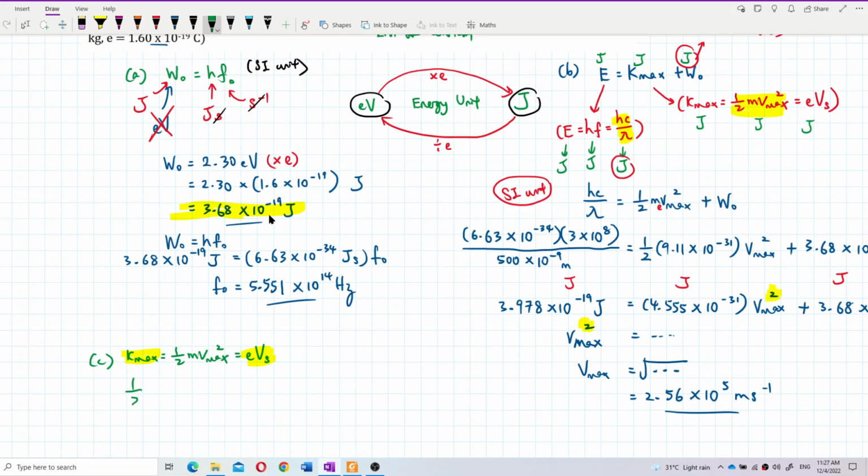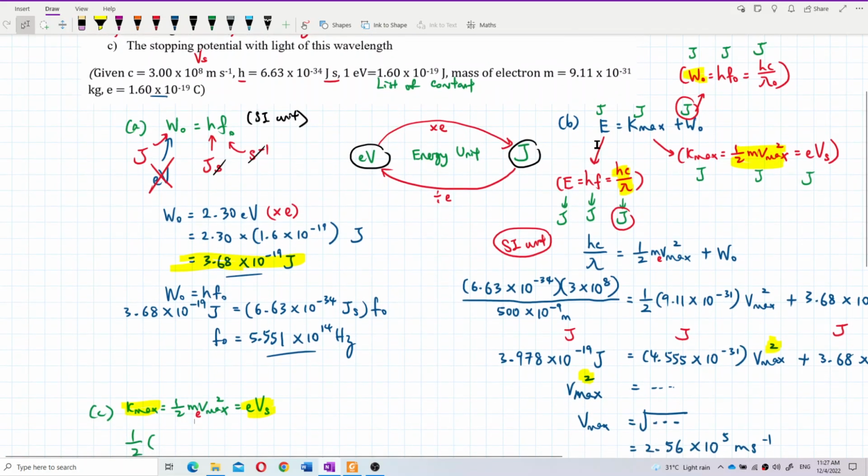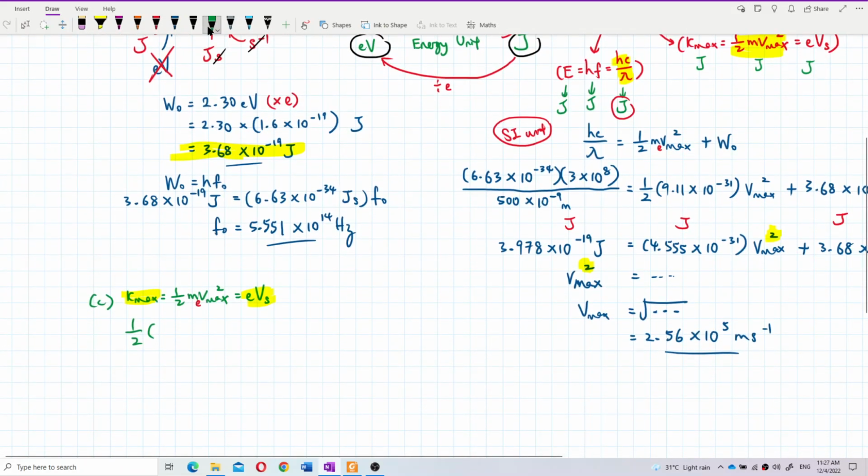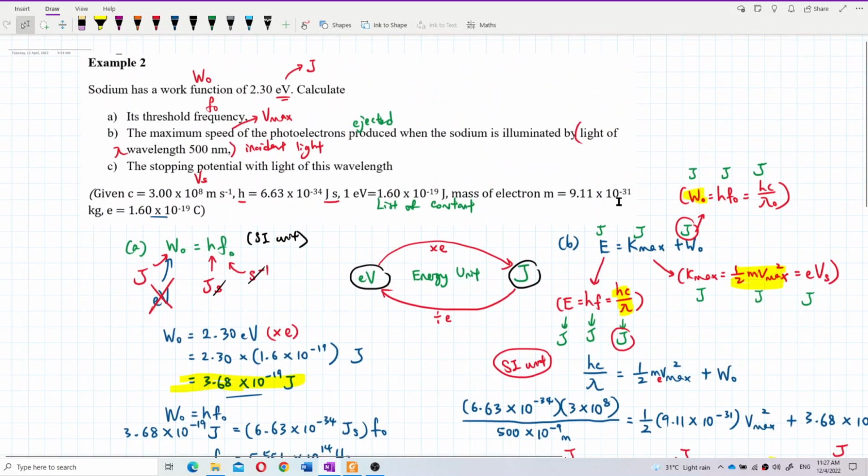So I have the Vmax. Then the mass of electron, remember, is 9.11 exponent negative 31 kilogram. This is in SI unit, kilogram.